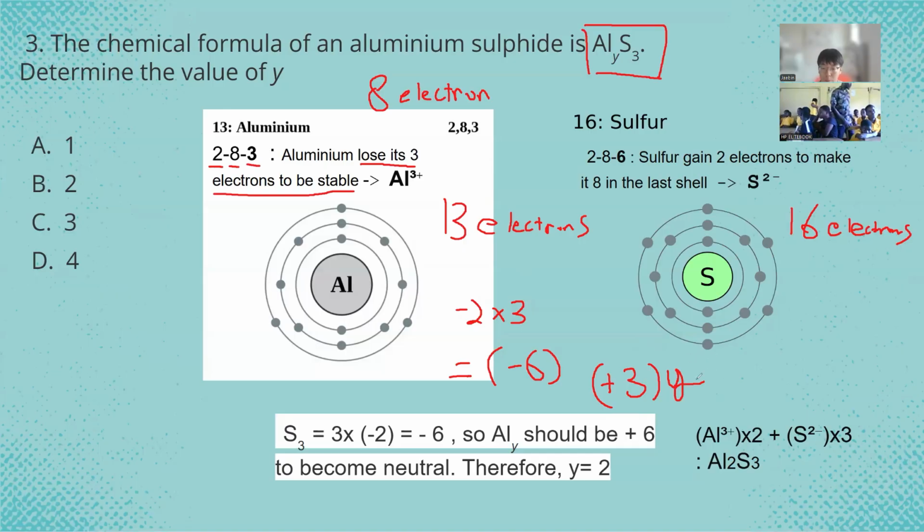How many atoms, ions of aluminum does it need to have to equal this remaining number? So it must equal 6 in order to balance this to be 0. Finally, y must be 2, right?